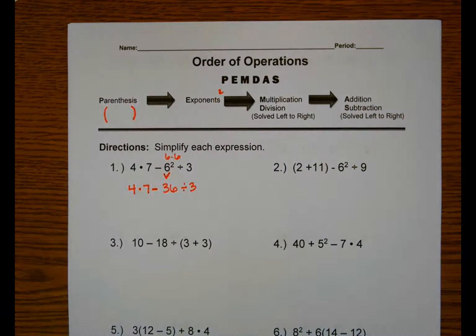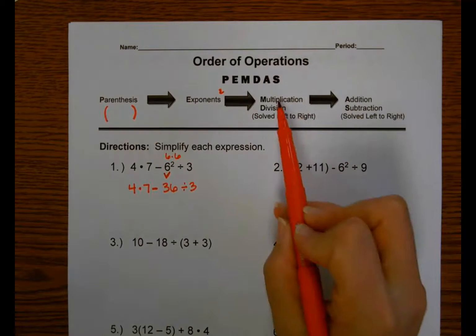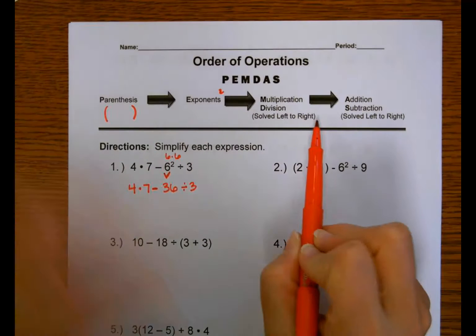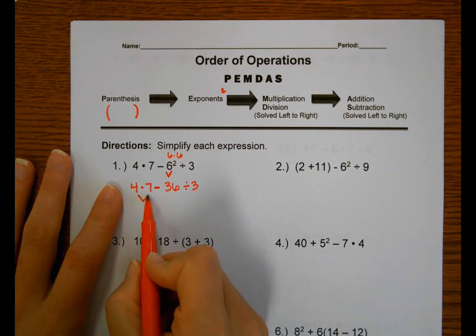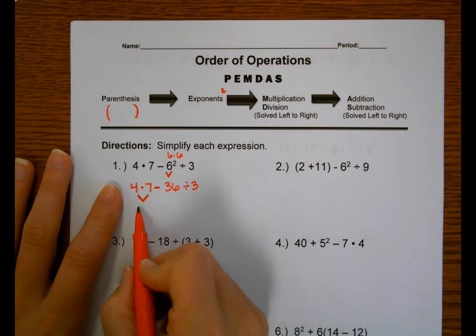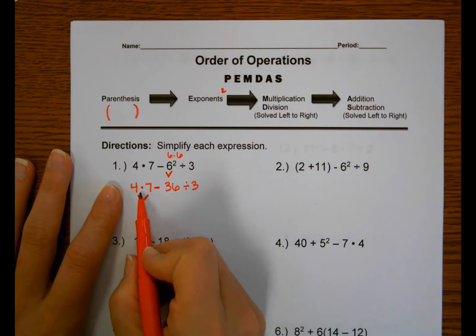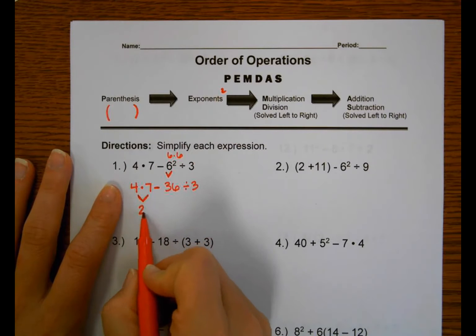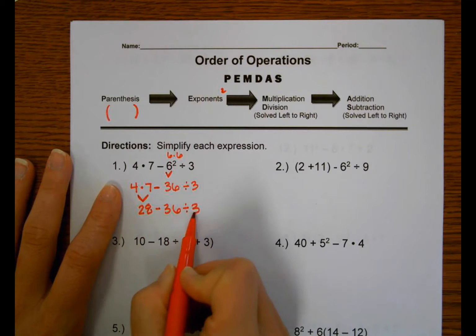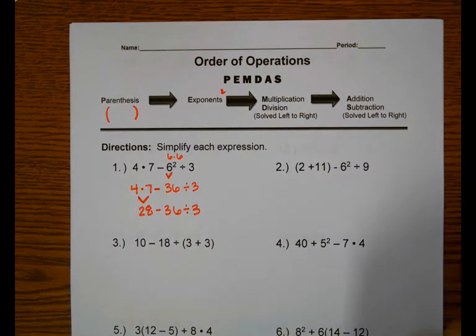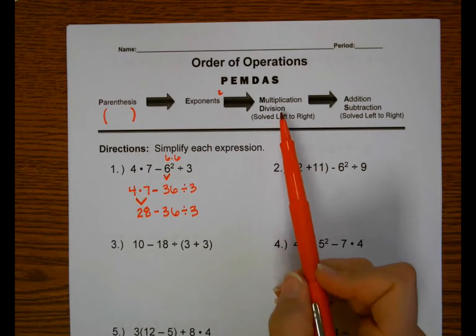So now I finished exponent, so I'm going to do multiplication and division from left to right. As I start on the left side of my problem, the first thing I see is multiplication. So I'm going to do that first. 4 times 7 is 28, and then I'm just going to copy everything else down. So now I want to make sure that I've done all my multiplication and division.